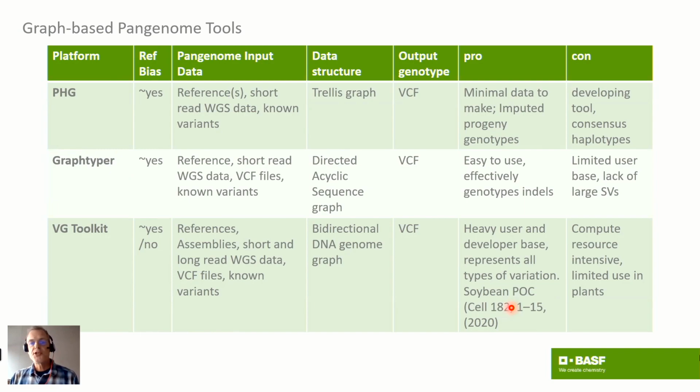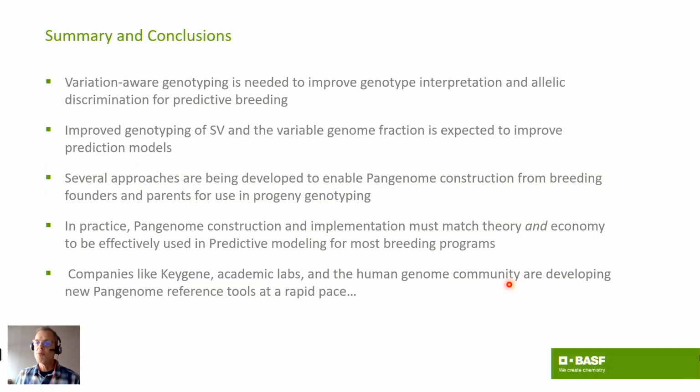So each of these tools has benefits and drawbacks, and I think we'll also be seeing an addition to these tools, with many more over the next few months in the literature. So to quickly summarize, variation-aware genotyping is needed to improve our genotype interpretation, and we're focused on that for predictive breeding.